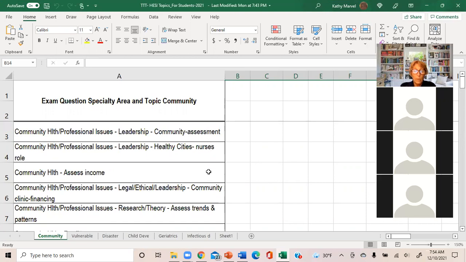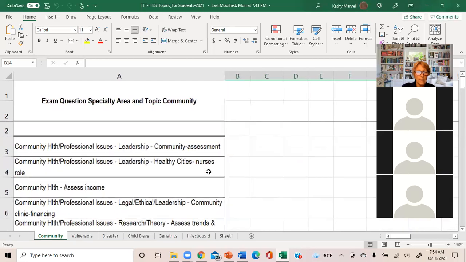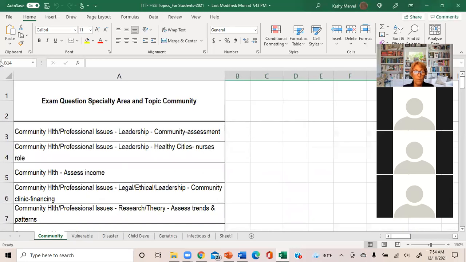So what we did in my last two classes, we tried to think about what kind of questions might be asked with regards to these topics. This is the community section, the overall.